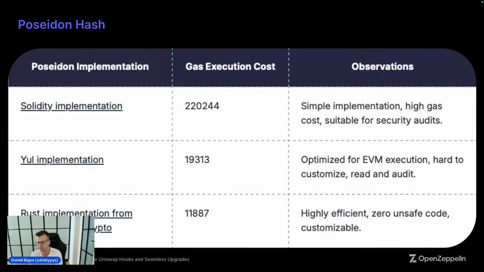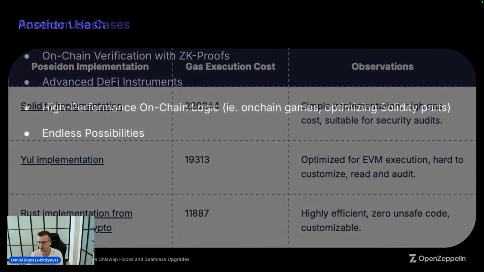It's almost twice as fast as Solidity assembly implementation, but the Solidity assembly implementation is so hard to read and maintain. And with Rust, we have just very easy to read, maintain implementation. And of course, easy to use.